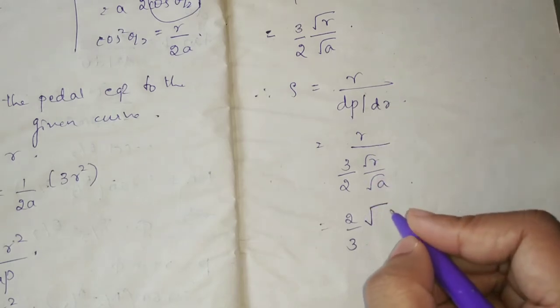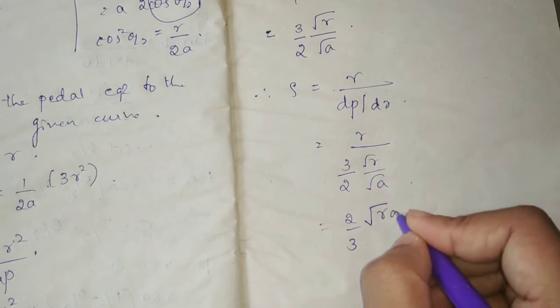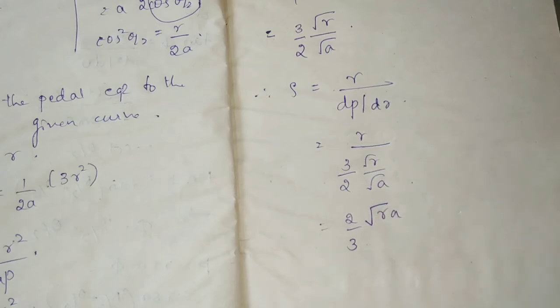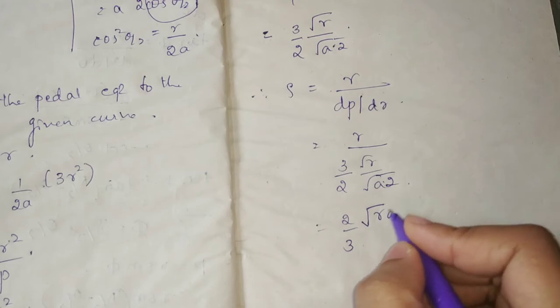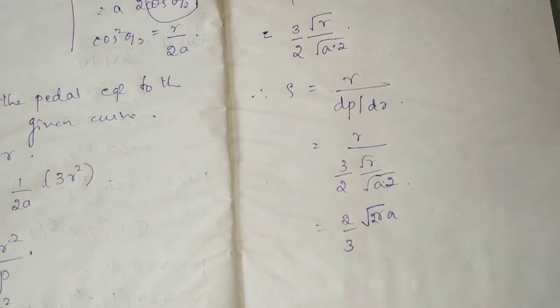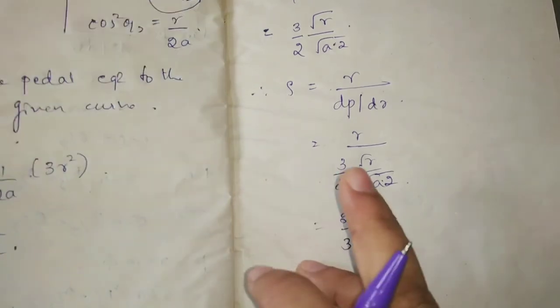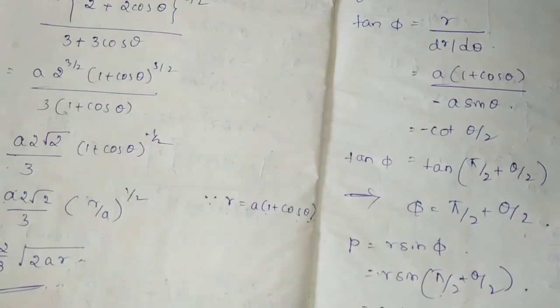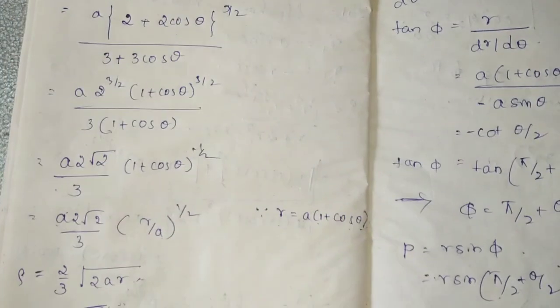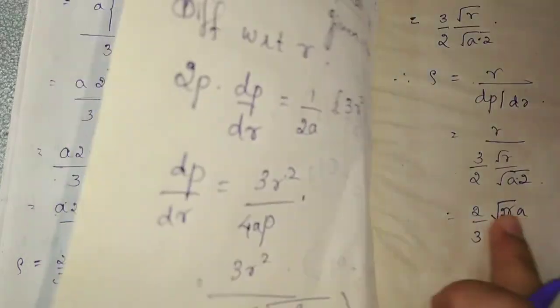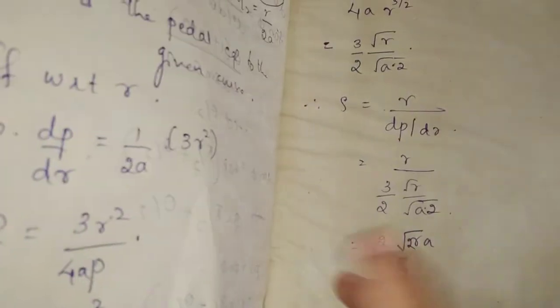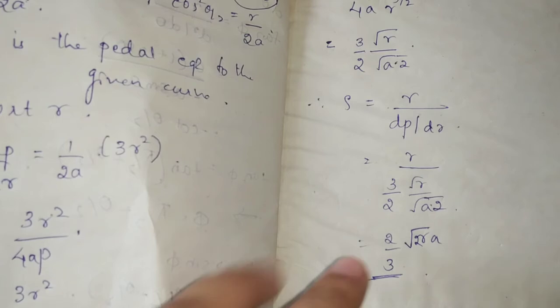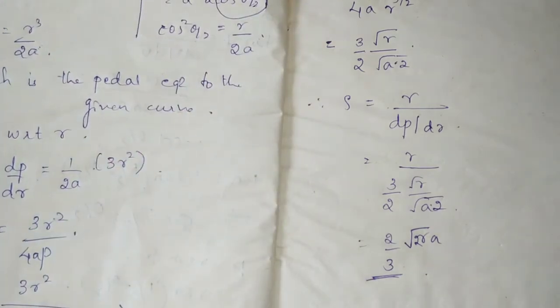Root r we left, and this will come to the numerator. So we got 2 by 3 square root of 2ar. So in both cases, we get the same result.